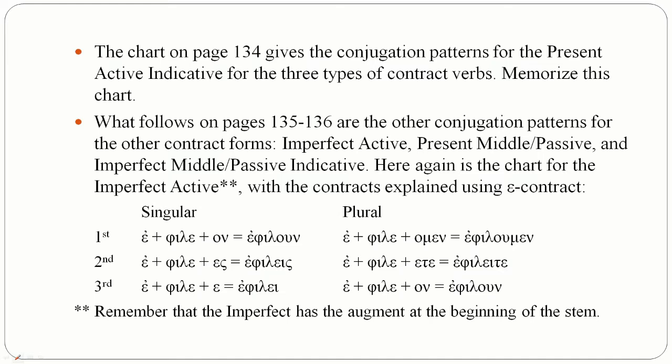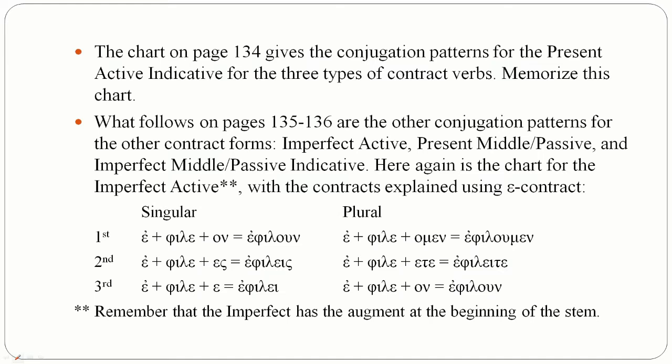Then you've got your verb stem, philet, with the epsilon, and then the endings. And after the equal sign, you've got the contraction. First person singular, ephileon, with the epsilon contract, you get the contraction ephiloon. And then you can go over the rest of the chart there: ephiloon, ephilase, ephile, ephilumen, ephileta, ephiloon.